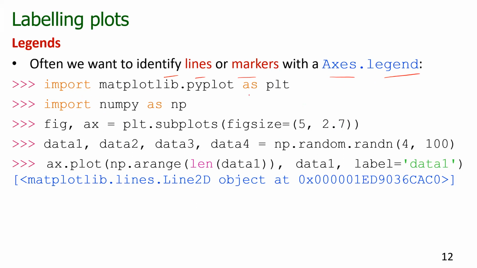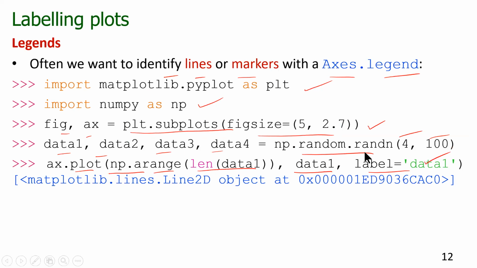Import matplotlib.pyplot as plt, import numpy as np, then define figure, axis equal to plt.subplots with the same standard size 5, 2.7. Define sample data values stored in data1 to data4 with random numbers from 4 to 100. Then you define the plot ax.plot of np.arange, length of data1 with data1, label equal to data1.